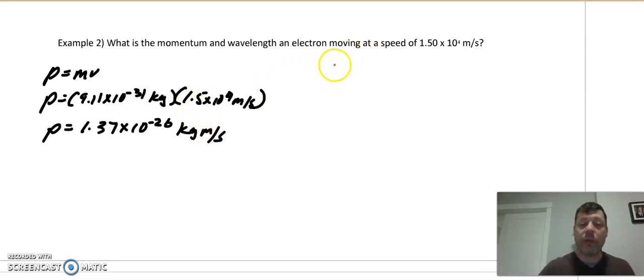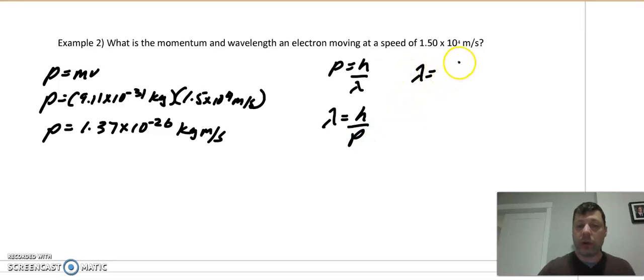So if we want to find the wavelength this is traveling at, we're going to, again, move to our momentum formula. But in this case, because we're looking for the wavelength, we're going to divide h by the momentum.